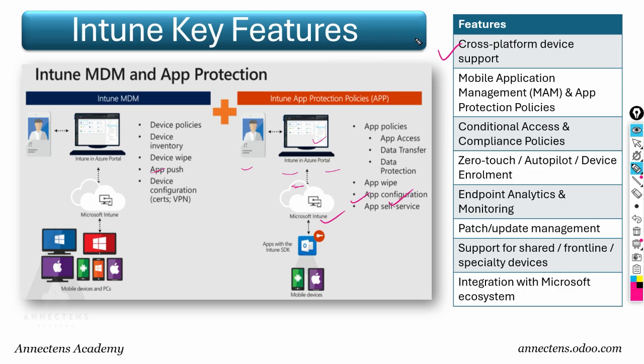It also supports mobile application management and app protection policies. Sometimes I have a personal device and I just want to access Outlook. I don't want to get into the corporate network or policies. I'm purely concerned about checking my emails. For that there is app protection policy.